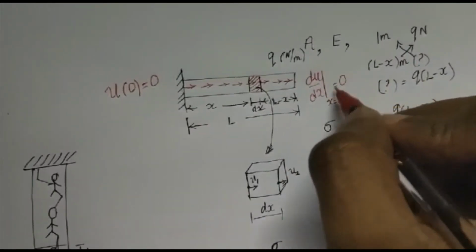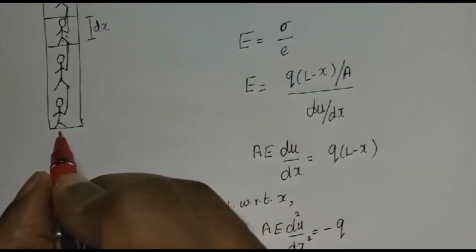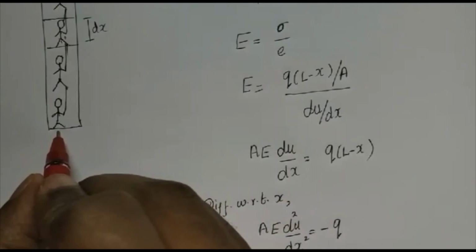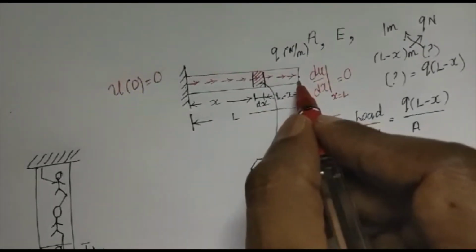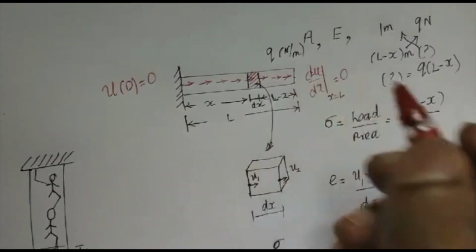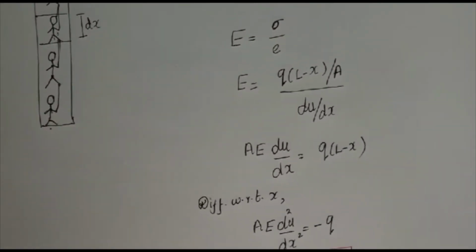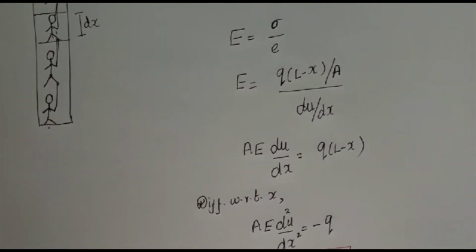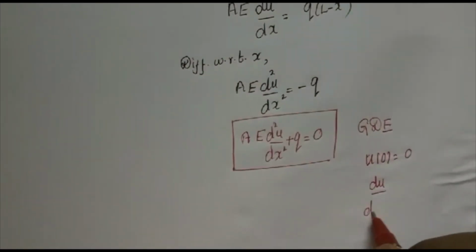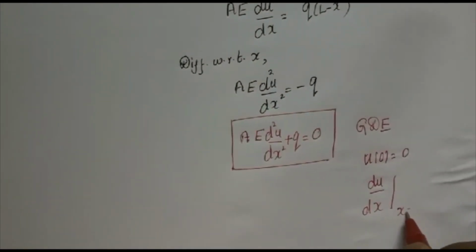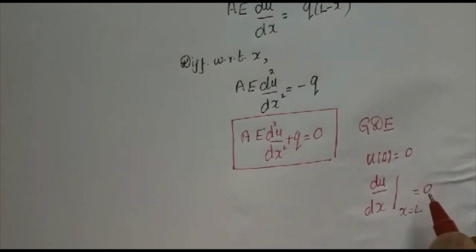Why is it 0? It is for exactly the same reason that the last person here is going to experience 0 strain on his foot, 0 stress on his foot. And it is exactly for that reason the strain is going to be 0. So these two are the boundary conditions. u of 0 is equal to 0 and du by dx at x is equal to L is equal to 0.